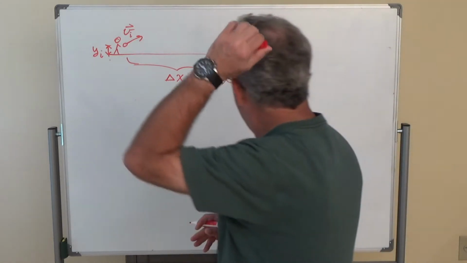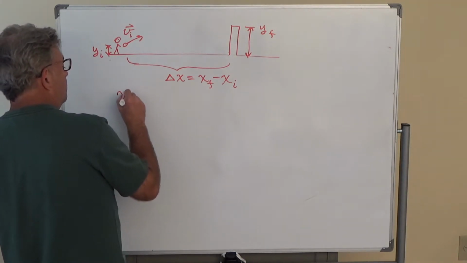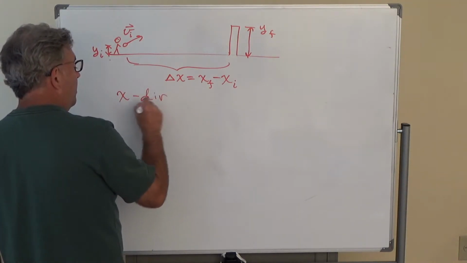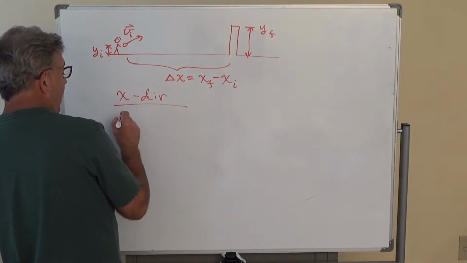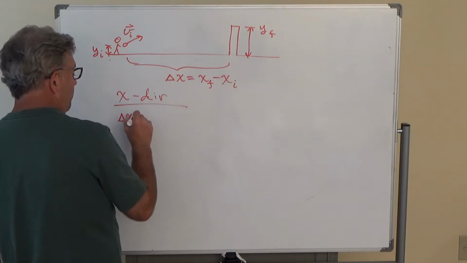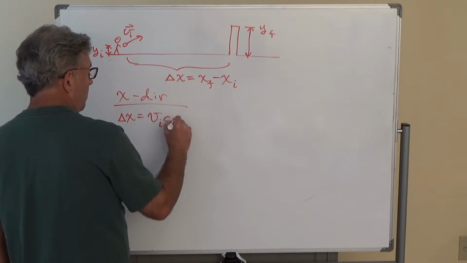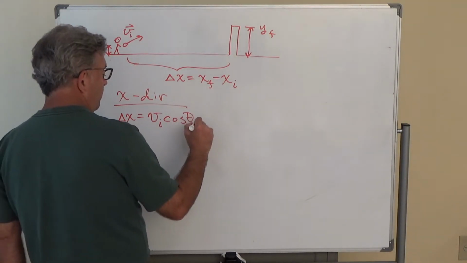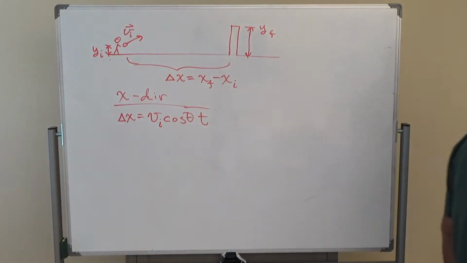So in the X direction, this is the same game. We know that delta X, X final minus X initial, is equal to V initial cosine theta t. Did they give us the angle? I think they did.